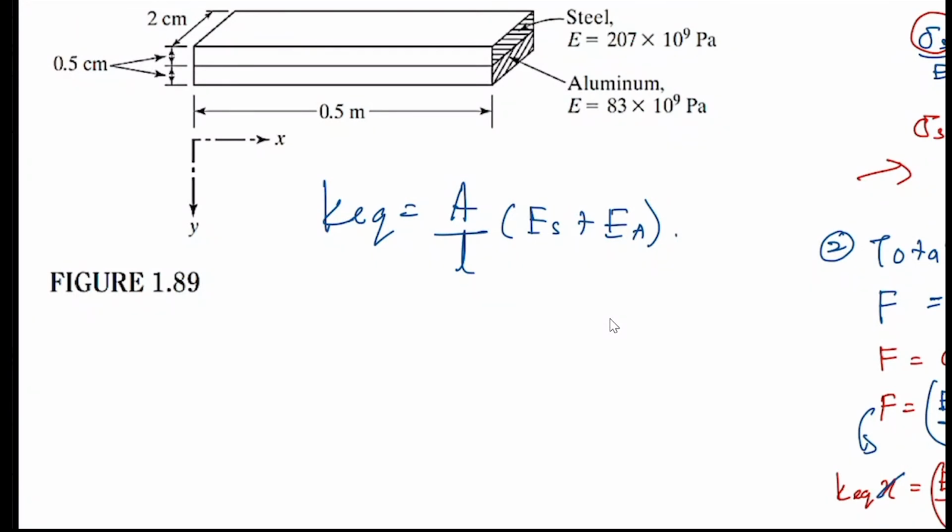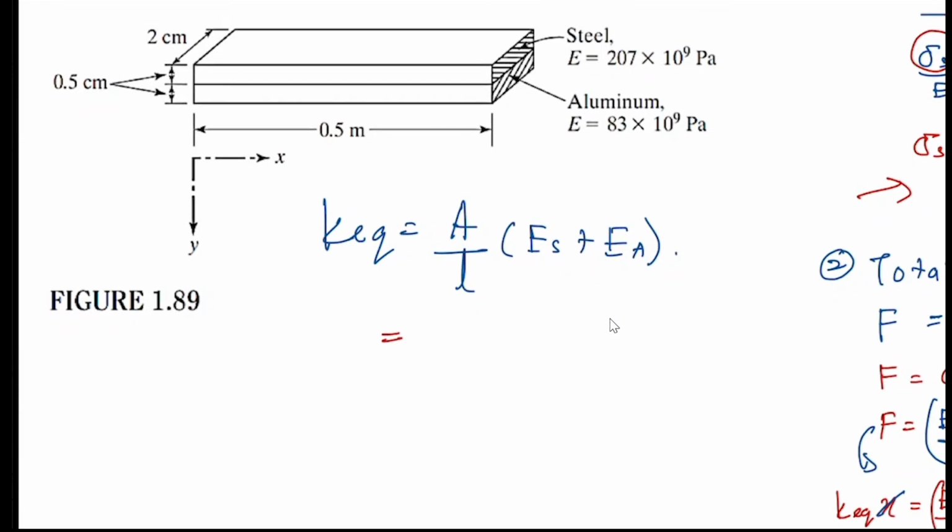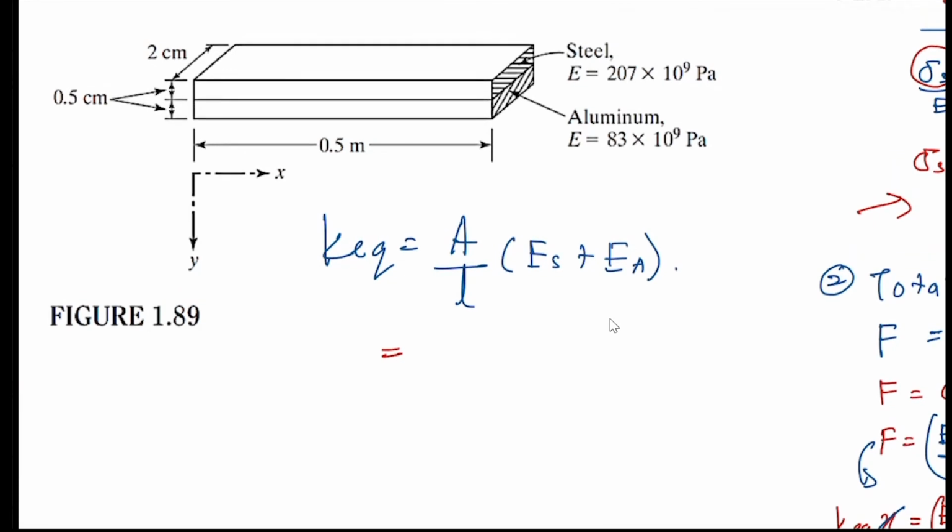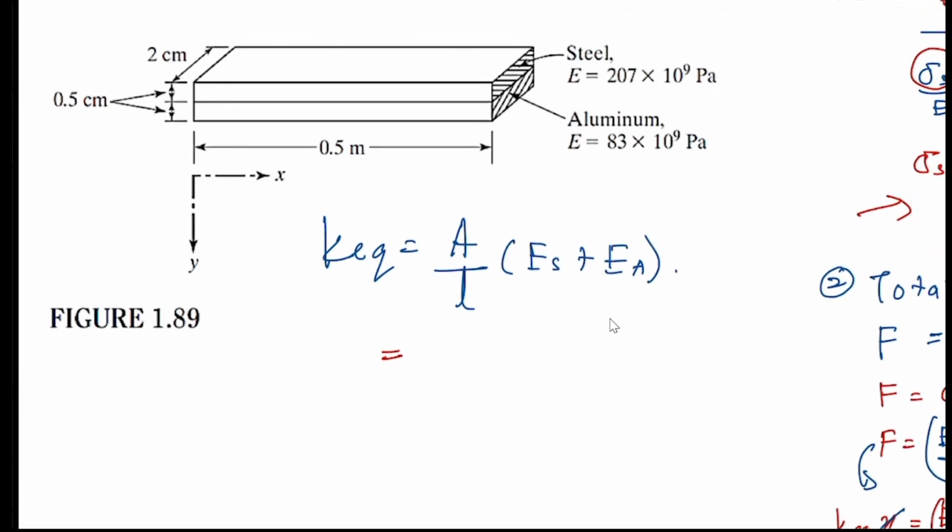We have the values for A, for L, and the Young's modulus of both materials. So try to substitute first while I'm calculating. Try to substitute the cross-sectional area, the length, and also the Young's modulus for both materials.